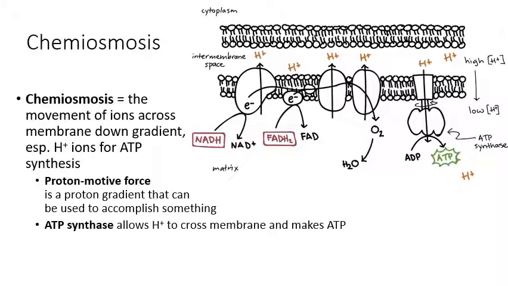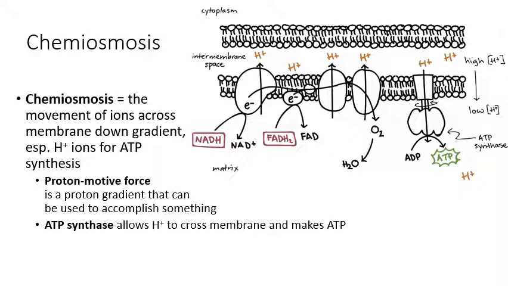That concentration gradient for protons across the membrane is actually called the proton motive force, because it's basically energy that's stored in this concentration gradient of protons that can be used to do something. Actually, in bacteria, there's a number of things that they can do with the proton motive force, not just make ATP. They can also do other things like, for instance, run their flagella to help them move. But in eukaryotes, it's only really used to make ATP.